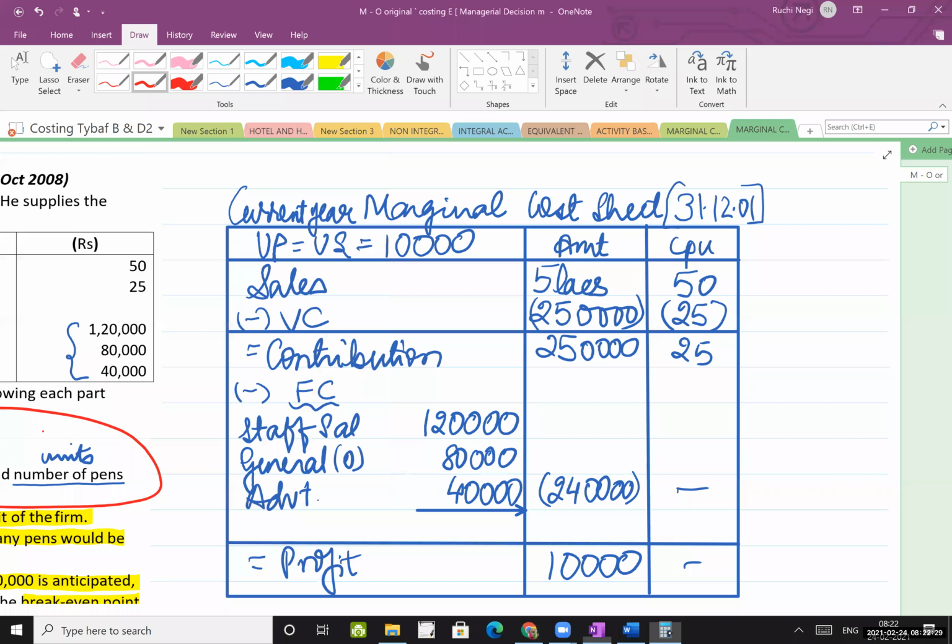So my fixed cost is 2 lakh 40. 2 lakh 50 minus 2 lakh 40 is how much? My profit is 10,000. Understood till here? Just acknowledge it, it's clear.